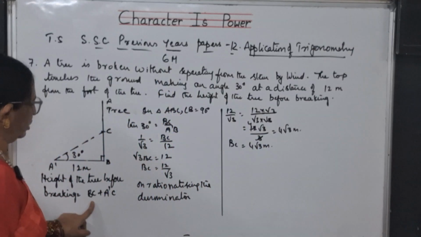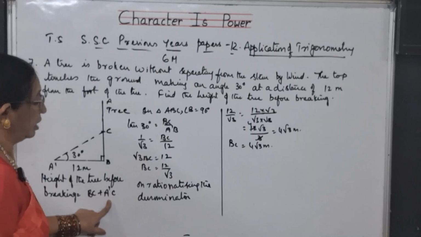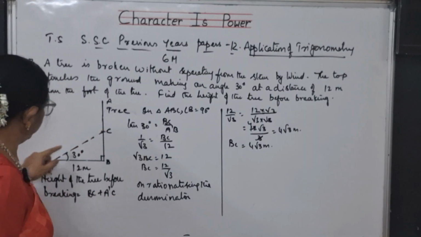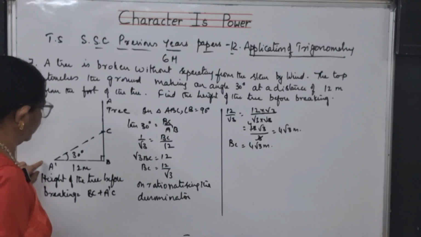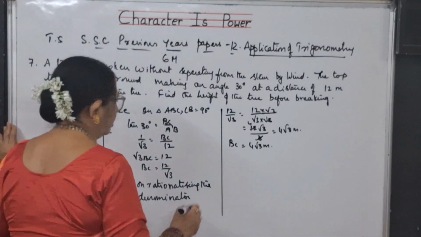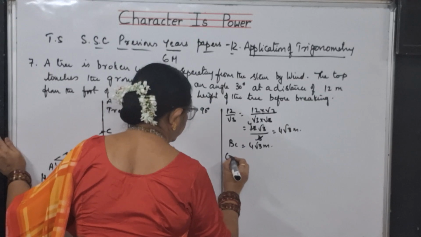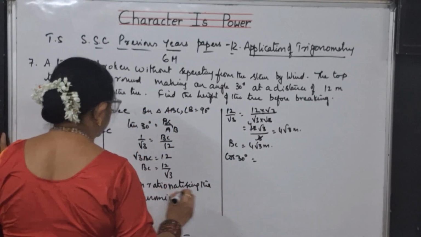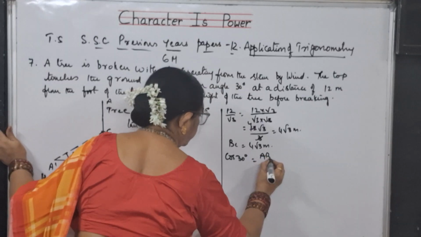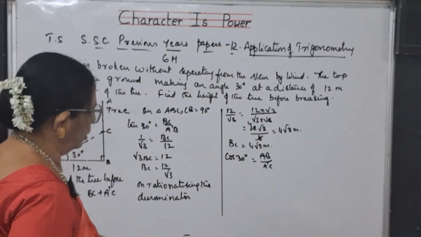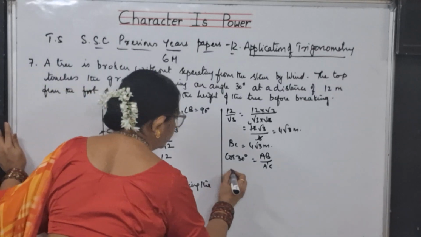Now we have got BC, we need to find out A dash C. What is A dash C? This one. This is the hypotenuse. This is the adjacent side. So you can write cos 30 degrees is equal to AB by A dash C. So what is cos 30 degrees?